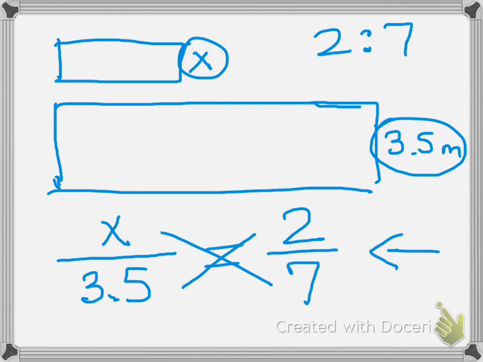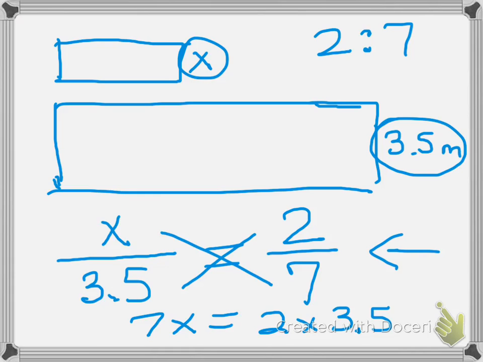So you would get 7 times X equals 2 times 3.5. And then if you work that out, you will find that X equals 1. Okay? So you know how to solve that proportion.